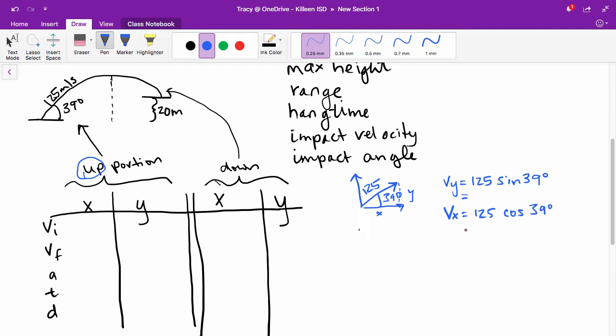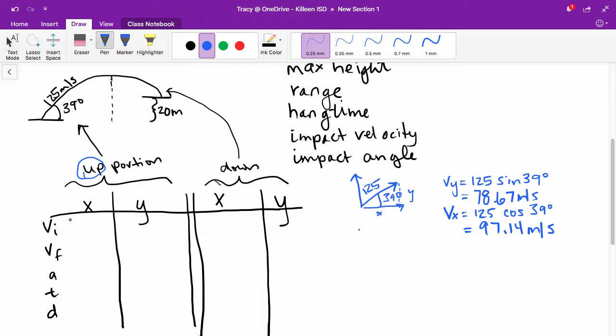And when you put that in your calculator, you get that Vy is 78.67 meters per second, and Vx is 97.14 meters per second.